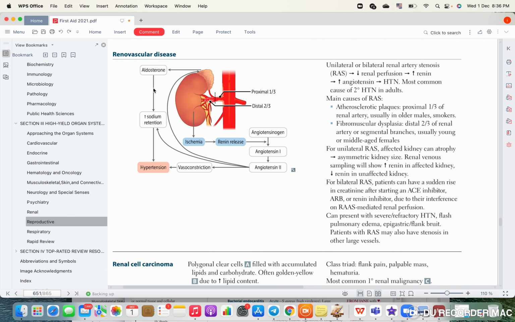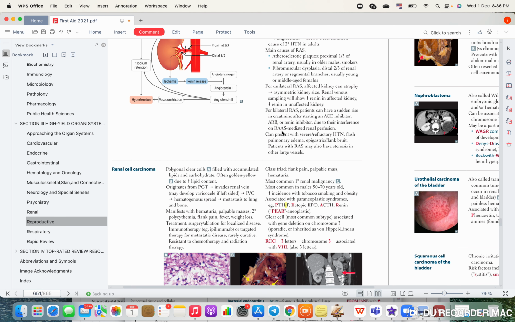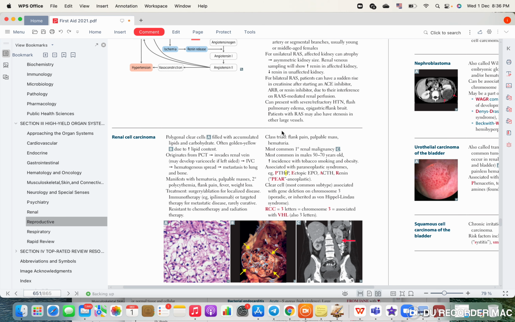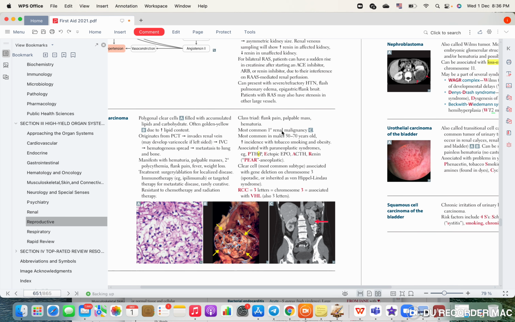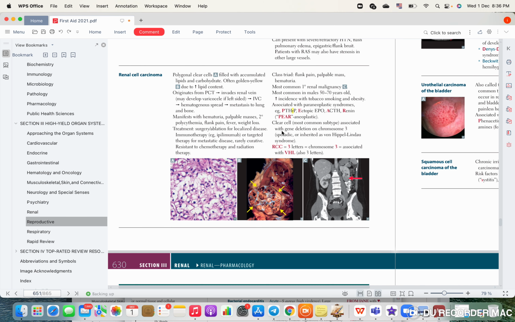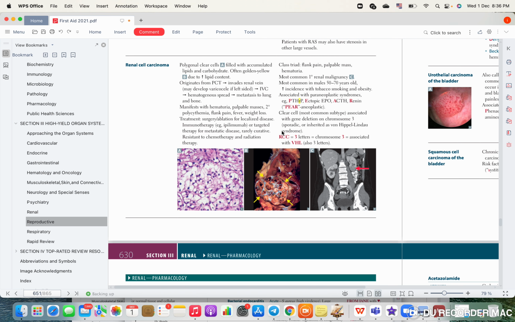So if someone has heart failure, what will happen to his RAS system? What is the most common cause of renal artery stenosis in a young lady?